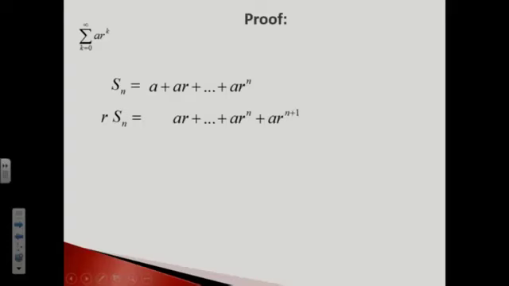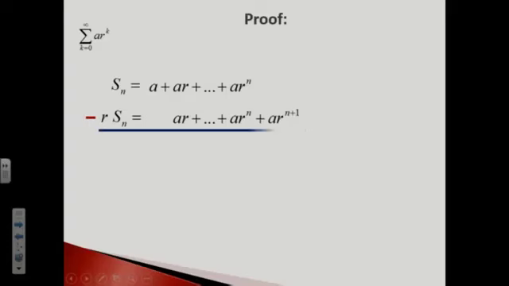To find the sum of this infinite series, we compute the partial sum Sn equals a plus ar plus etc. plus ar to the power of n. Multiplying this sum by r gives ar plus etc. plus ar to the power of n plus ar to the power of n plus 1.